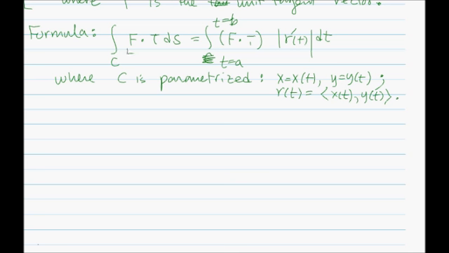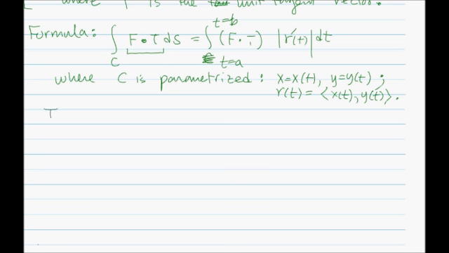Whenever you have a line integral of a scalar function, here the scalar function is F dot T, then we can turn this into a dt integral like this. What we have to do at this point is get rid of this T. F is usually given as a formula and we have r prime there, so the goal is getting rid of the T so that we can conveniently calculate this.